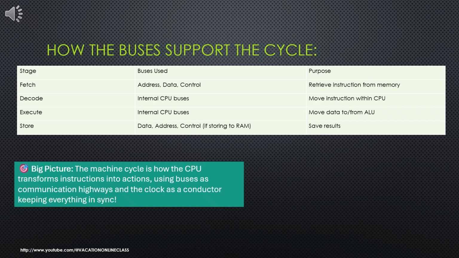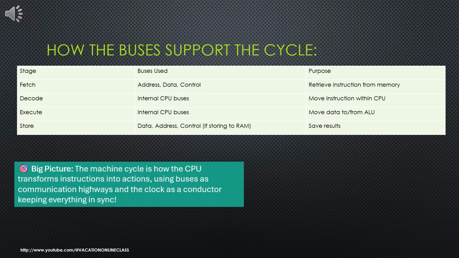For decode and execute, the communication is largely internal to the CPU, using internal buses to move the instruction to the control unit and data to the ALU. Finally, the store stage utilizes the data, address, and control buses again to save the final result back to the RAM if needed.